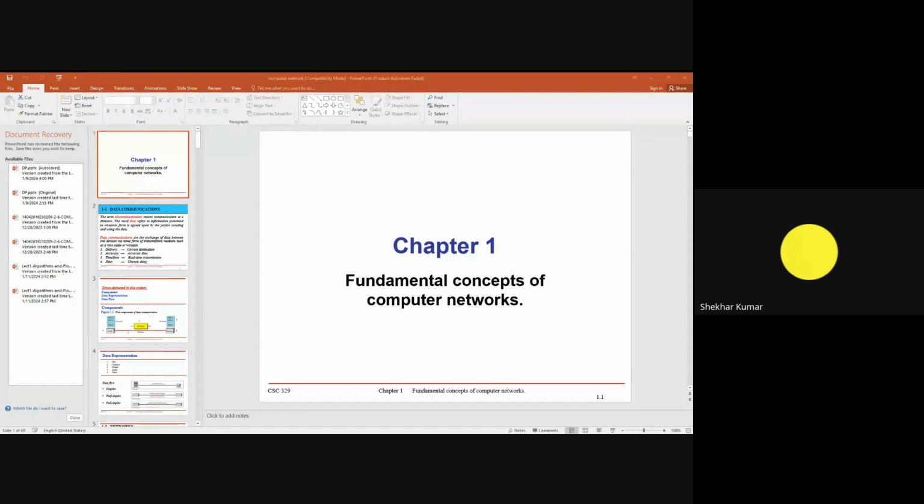So we use some physical medium, like cables, through which the information is exchanged, through which the information is transferred. That is called your channel. This transmission may be either analog or digital.